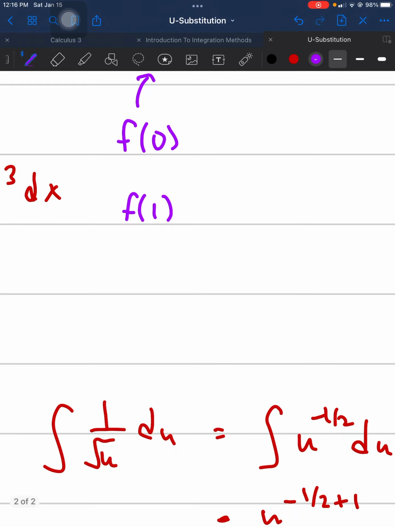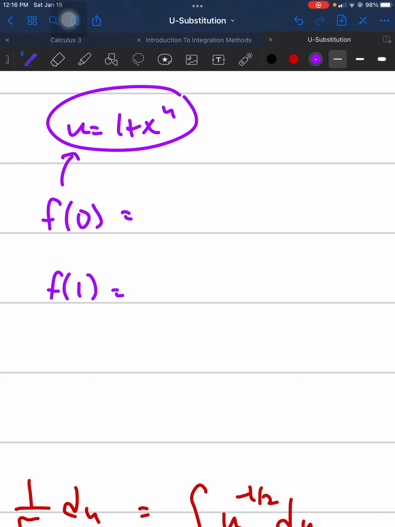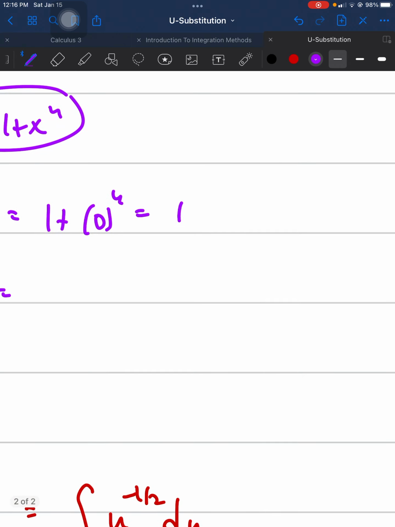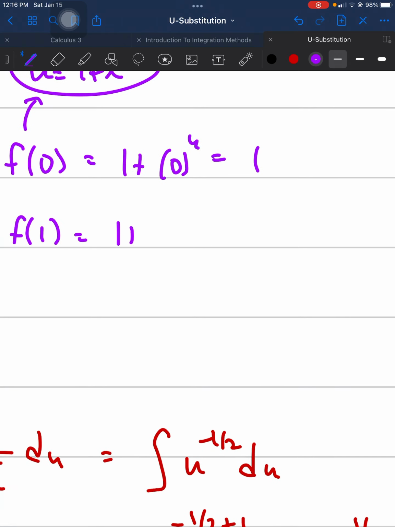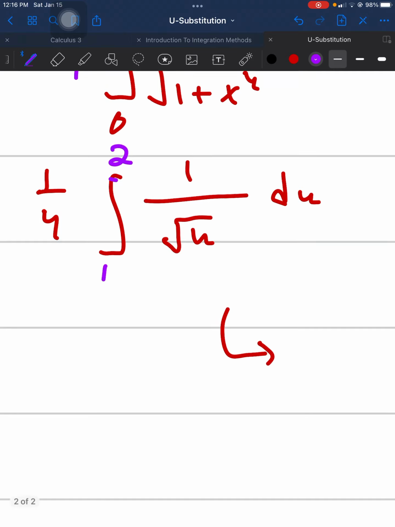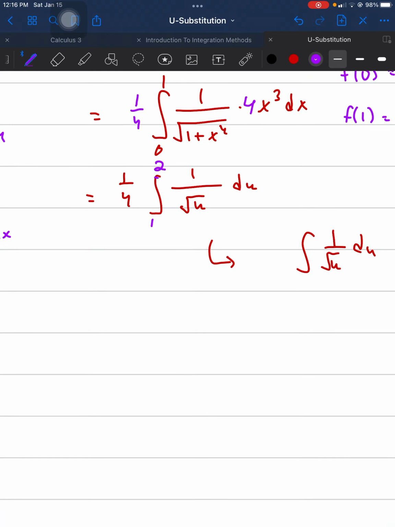We're going to evaluate at this function. So f of 0, we're just going to say this is f of x for changing the bounds. So 1 plus 0 to the 4th is just 1. 1 plus 1 to the 4th is just 2. So our new bounds are 1 to 2 when we switch in terms of u.